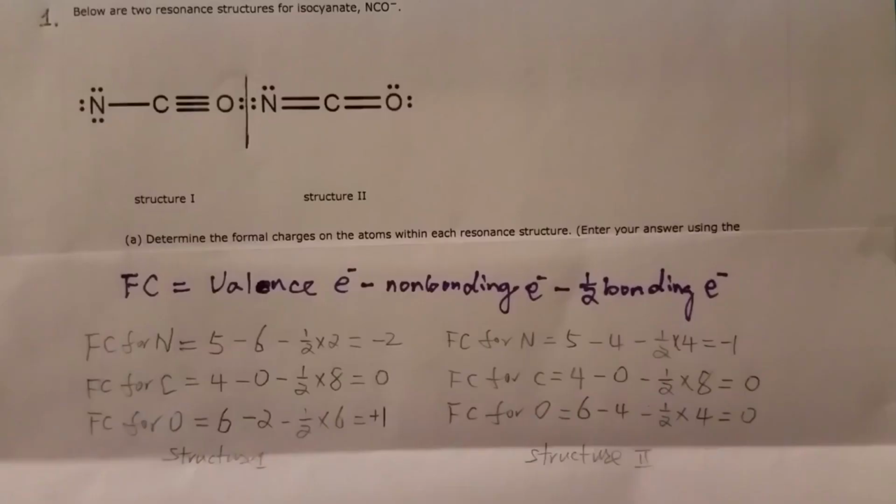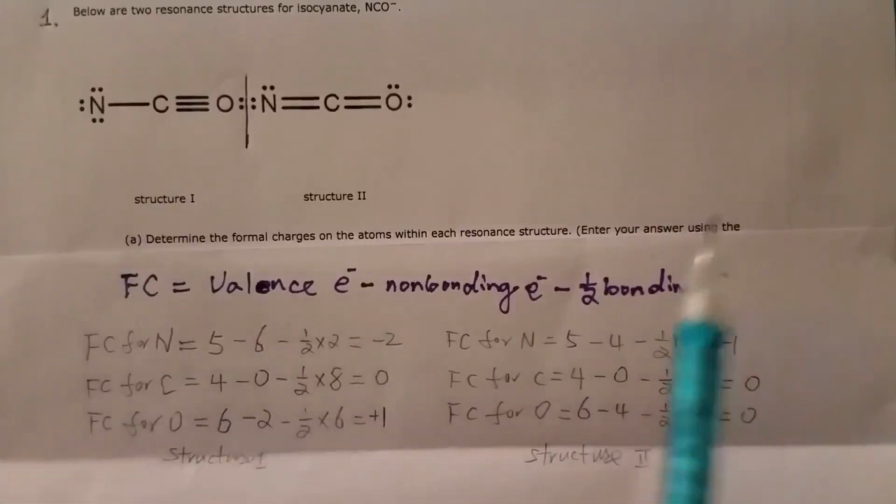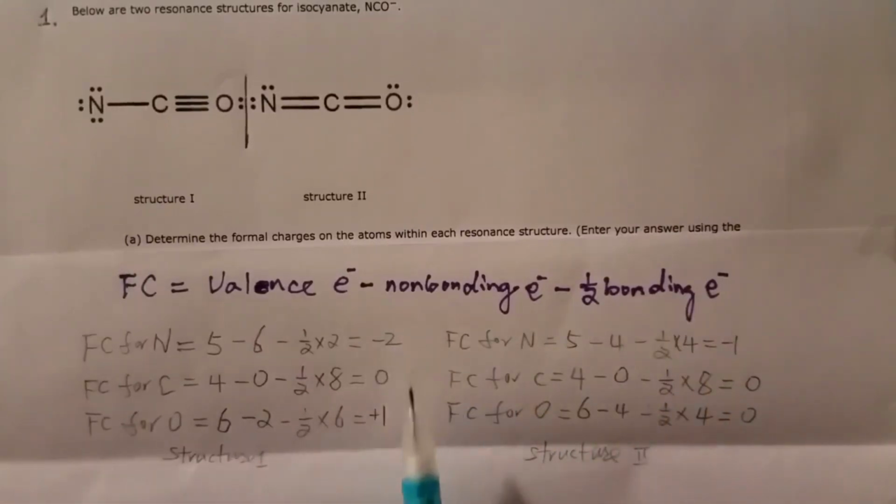Now, question 1b asks, based on the formal charges, determine the most favorable resonance structure, whether it's 1 or 2. So, in order to determine which resonance structure is more favorable, we need to look at the formal charges.